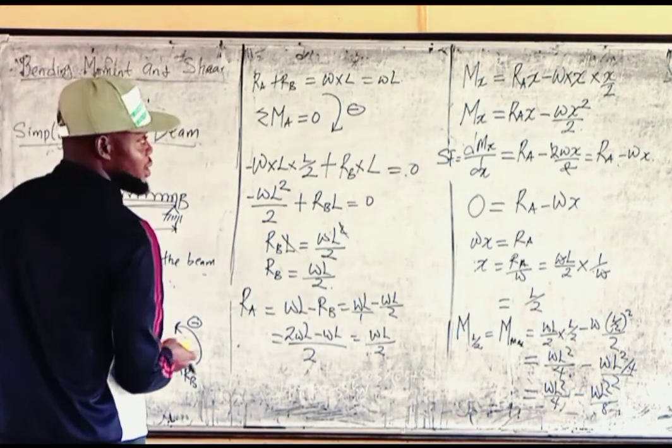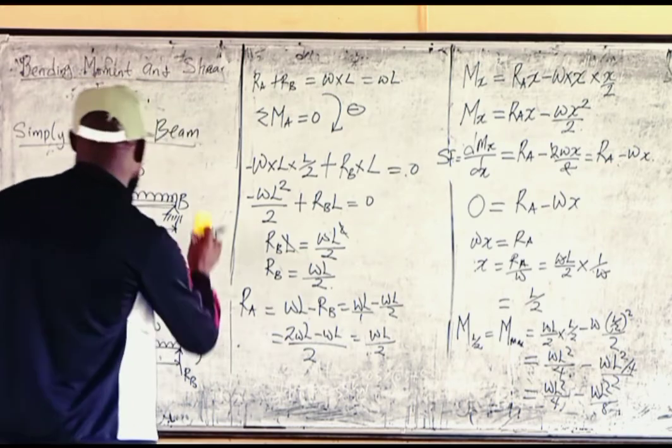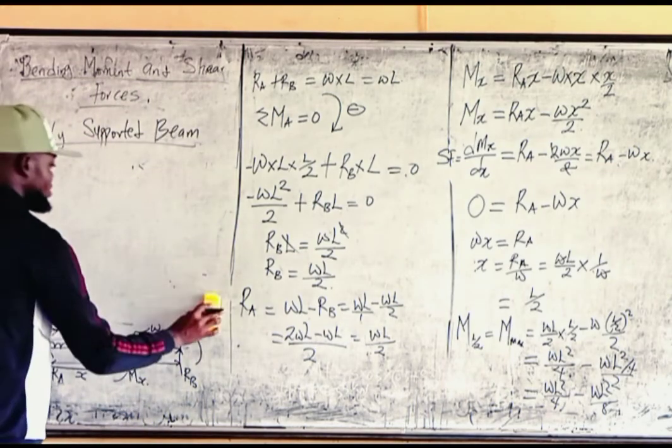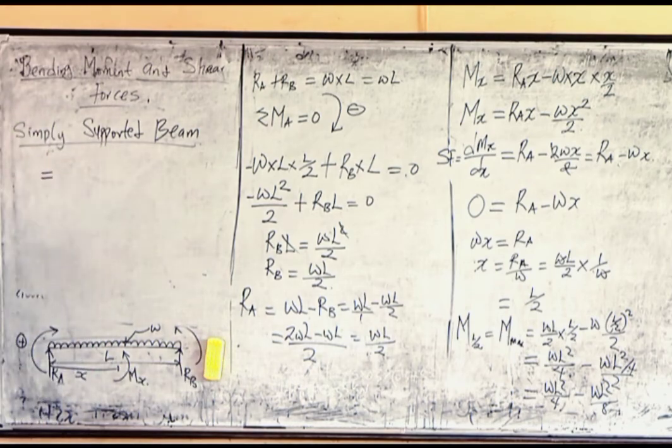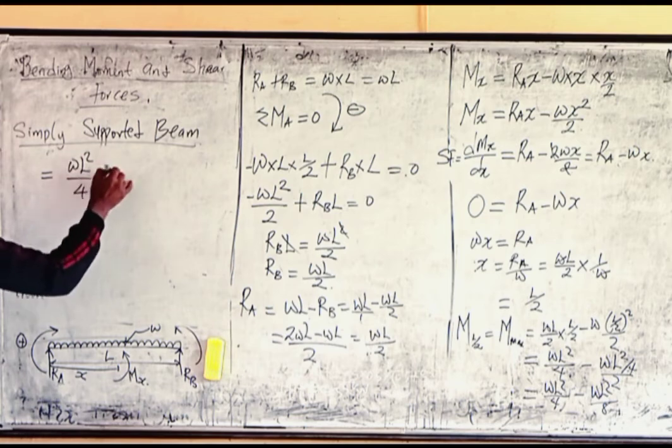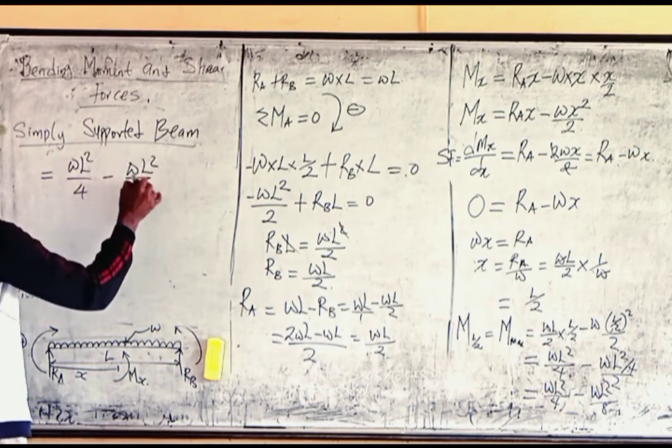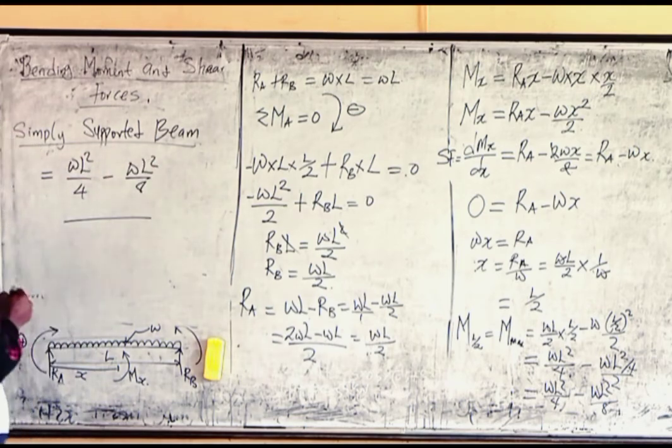So let's solve the last case here. Our maximum bending moment will be equal to wL squared over 4 minus wL squared over 8. What is the common denominator?